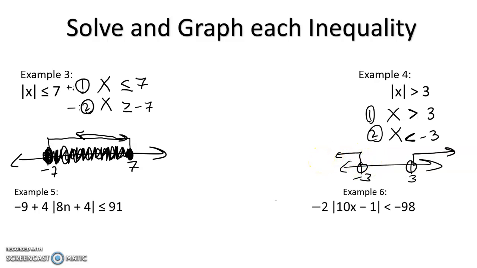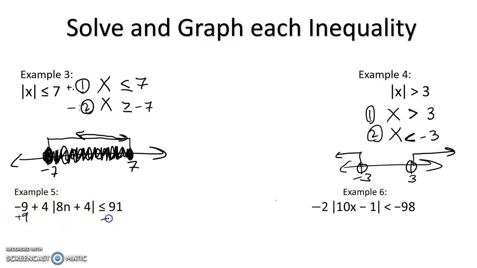All right, so we'll go on to these examples down here. You've got a bit more happening. You have negative 9 plus 4 times the absolute value, less than or equal to 91. Once again, we can't add these two numbers, because of the multiplication happening here.